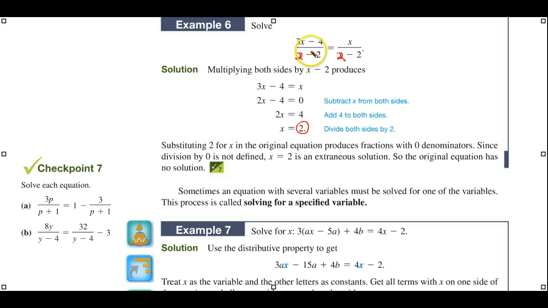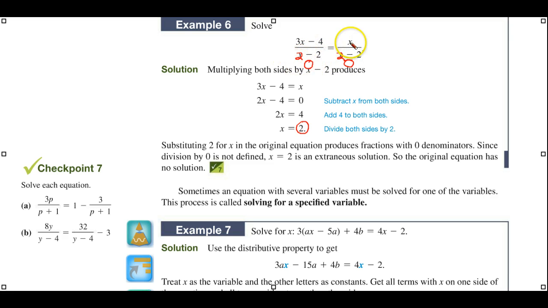I get this numerator divided by 0, and this numerator divided by 0. In our mathematical system, this is not defined. So, in a sense, 2 cannot be an answer to this.